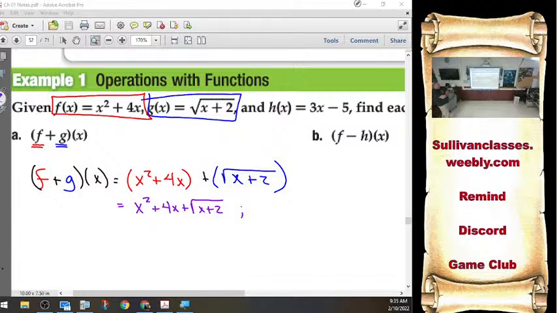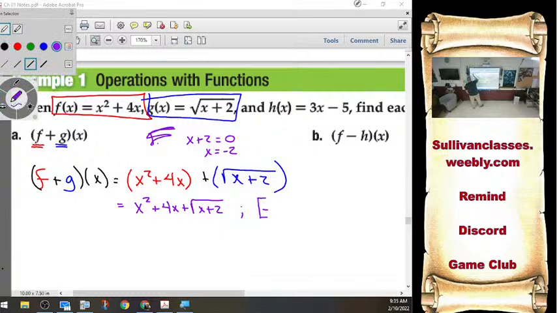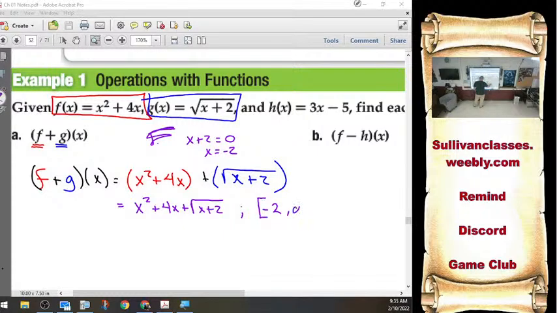So you set your radicand equal to 0 and say -2 is the dividing line between positives and negatives, because if I plug it in, I get 0. Is it legal? Yes. Square root of 0 is perfectly legal. So my domain is going to go from -2, that's not a 2, to infinity.